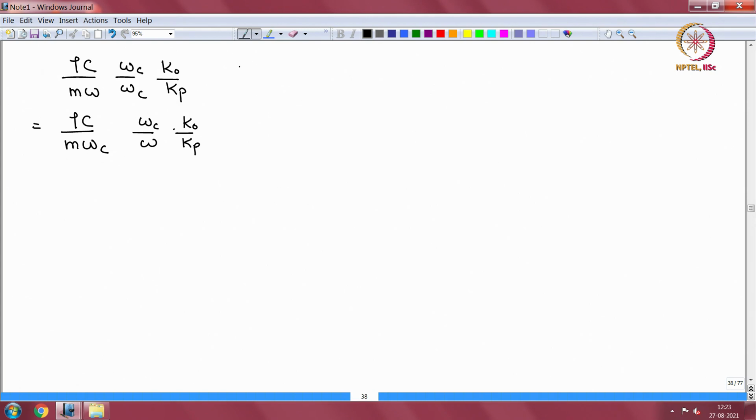We said earlier that my m is equal to root of omega by omega c, or m square is omega by omega c, or omega c by omega is 1 over m square. So I get rho c by m omega c, and k0 by kp is also equal to m. So I get m from here divided by m square from here.